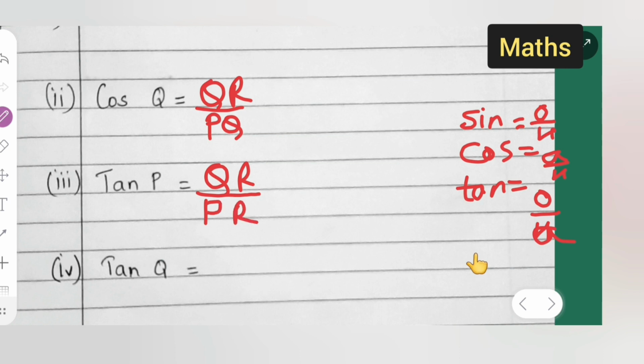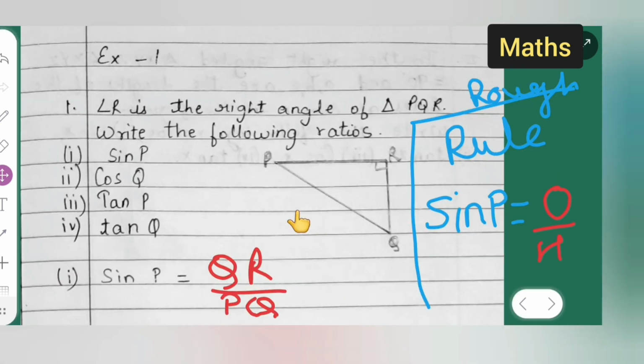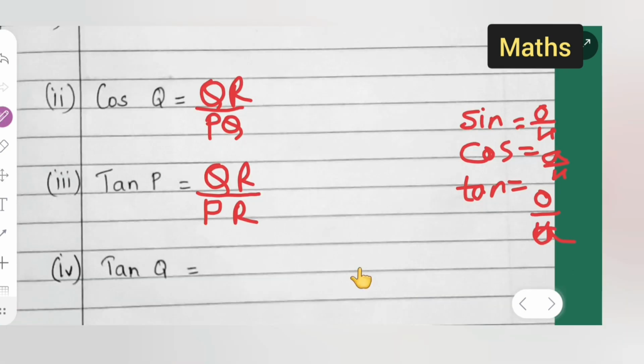Next will be tan Q. Tan Q will be opposite upon adjacent. Opposite of Q is nothing but PR. So PR upon the adjacent side.